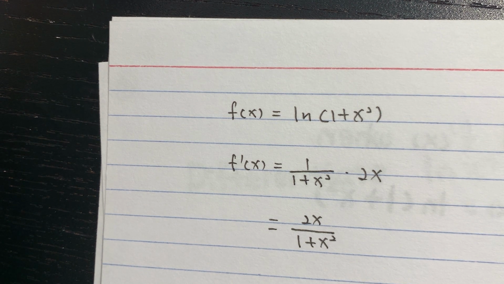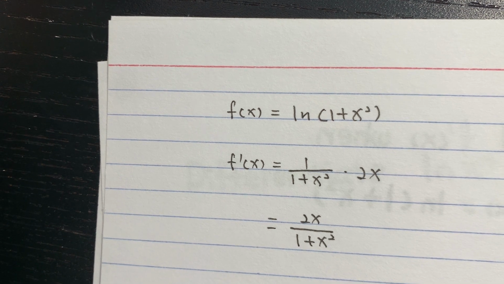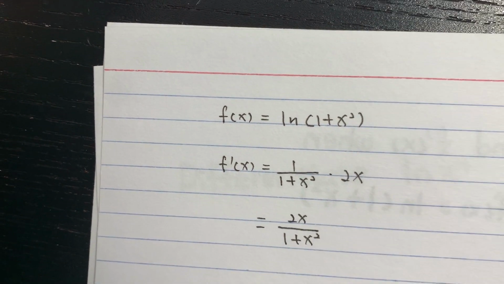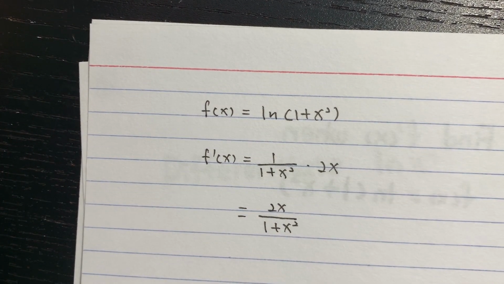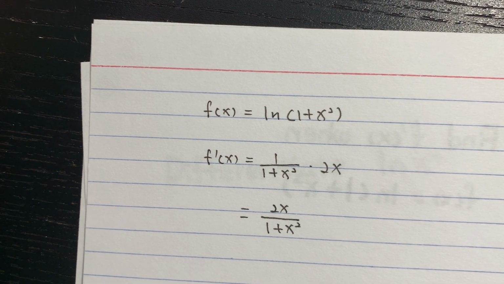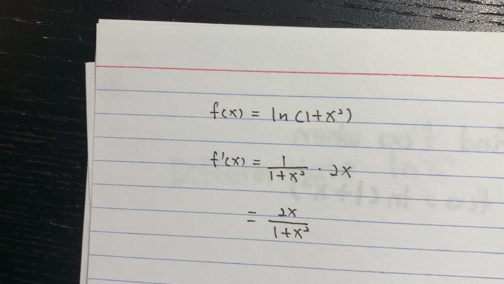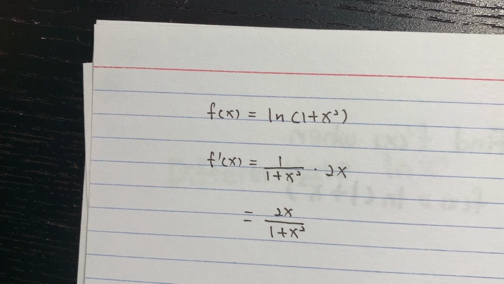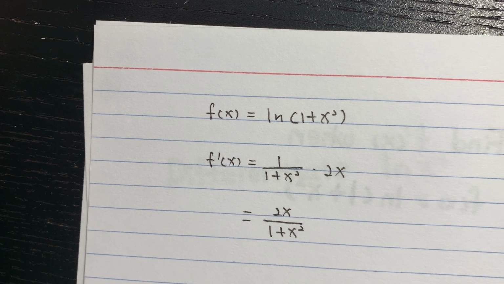So you differentiate 1 plus x squared after you differentiate ln, and the answer is 2x over 1 plus x squared. Be aware that you don't use something like the quotient rule or something else in this case. You have to identify that there's ln, so you have to use the derivative of the logarithmic function.